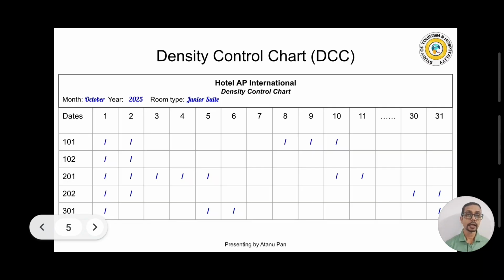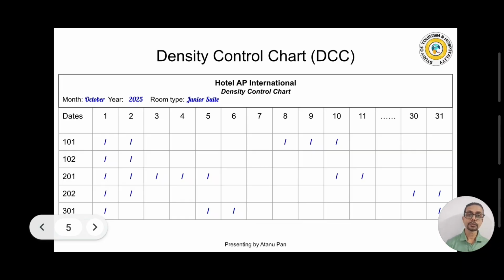Now this density control chart actually solves the problem of ALC. As we said, in ALC the problem was that the category of the room was very difficult to find out. The reservation status of a particular category of room could not be found properly. So this is a chart which shows the reservation status for a particular category of room and for one month.